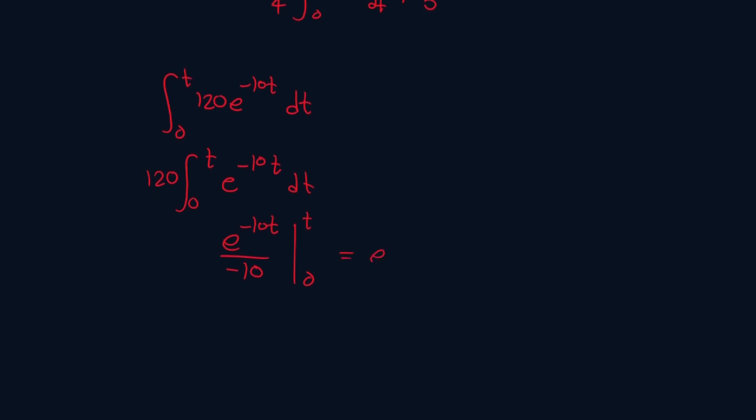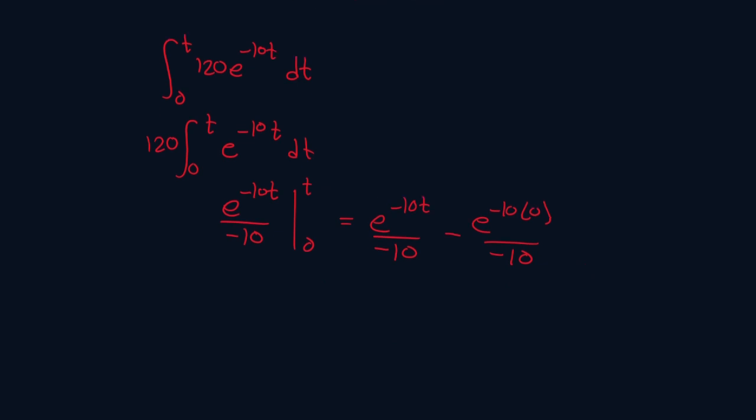So this one will be e^(-10t) all over minus 10, minus e^(-10·0) all over minus 10, okay? So we put the first value here, and then we put the second value in here, all right? So it'll be e^(-10t) all over minus 10, minus e to the minus 10 times 0.